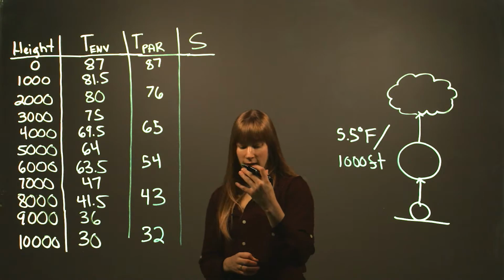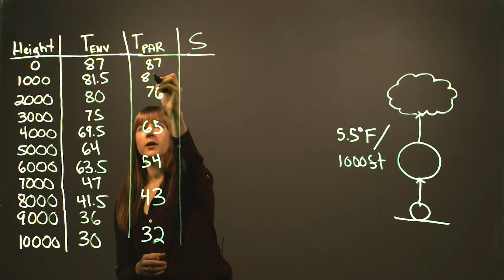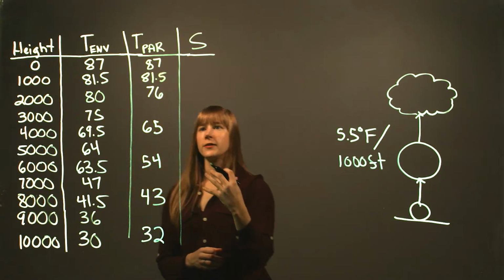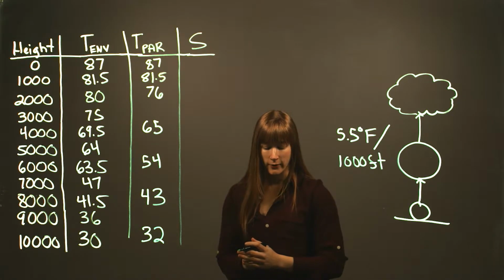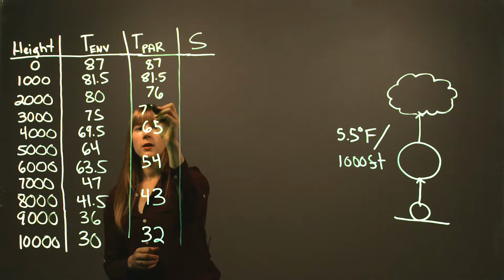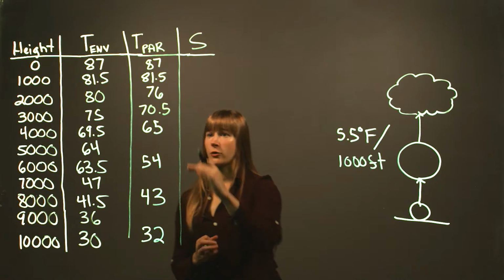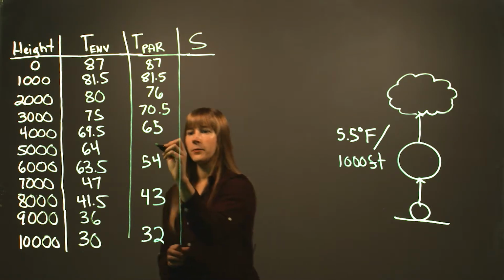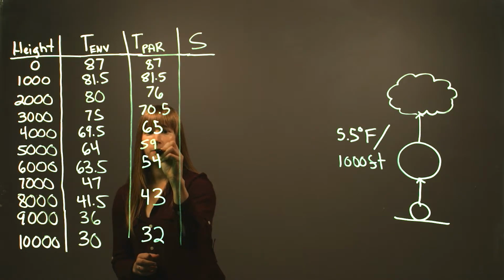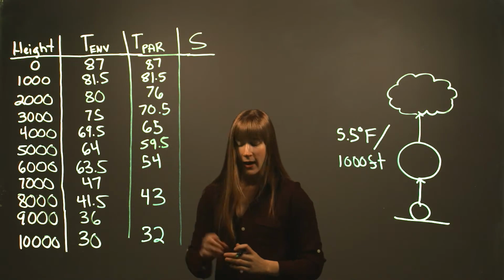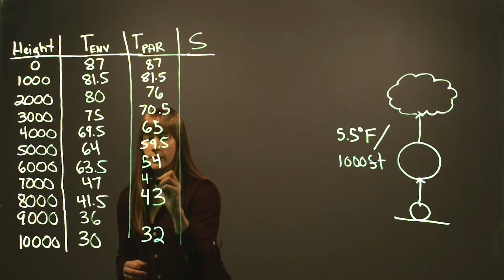And then filling in the middle, again, for every 1,000 feet that it rises, it cooled down 5.5 degrees. So you can also count down by 11 degrees, and you will get the numbers in the middle.